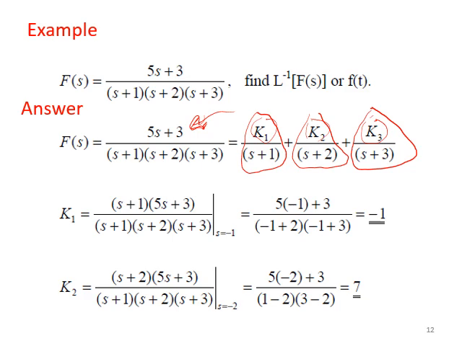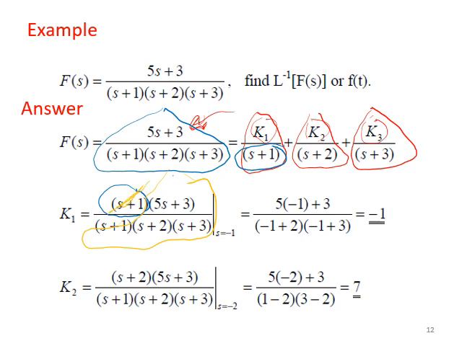To calculate k1, we are going to get the denominator of k1 from here, this value s plus 1. So s plus 1, we take it here, and we multiply it in all of f of s. If you notice, we multiply it in all this function. So of course, s plus 1 will cancel s plus 1.